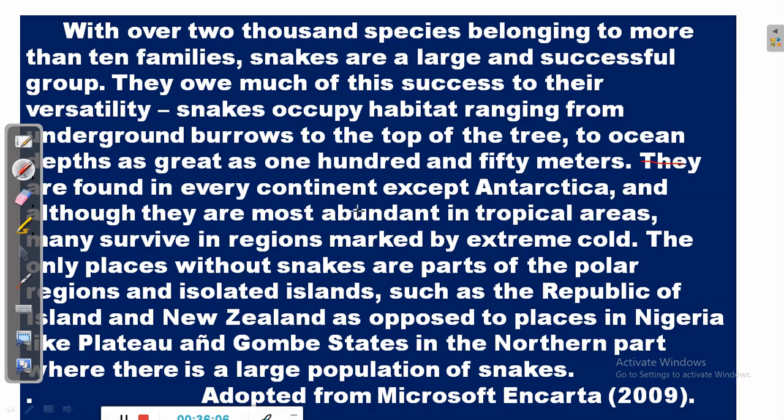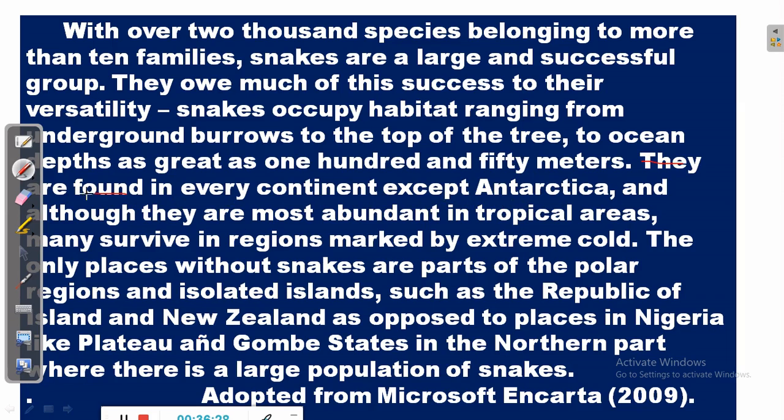Now, one thing we can find quite clearly is that they are found in every continent except at Antarctica. So we can agree that snakes are seldom found in the Antarctica. You can hardly find them in the Antarctica based on this evidence.